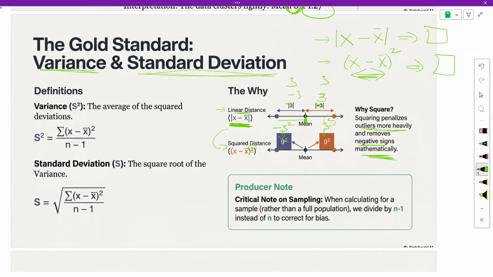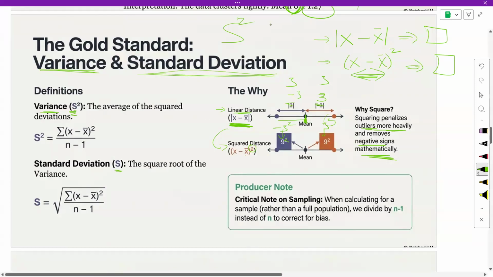Now the definition of the variance. There are terms here, s. S we normally use for the sample standard deviation.